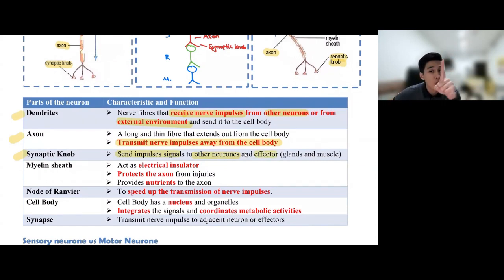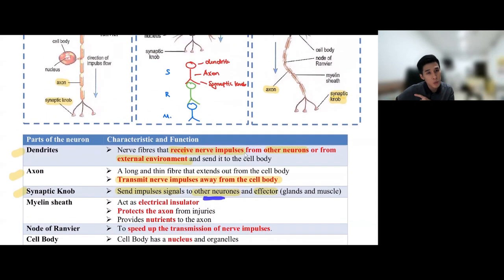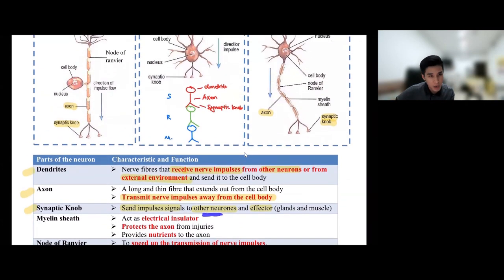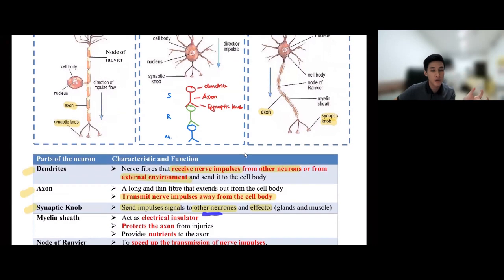Now, your turn, tell me: between sensory and motor, which synaptic knot sends impulse to another neuron? Whose butt is connected to another neuron?